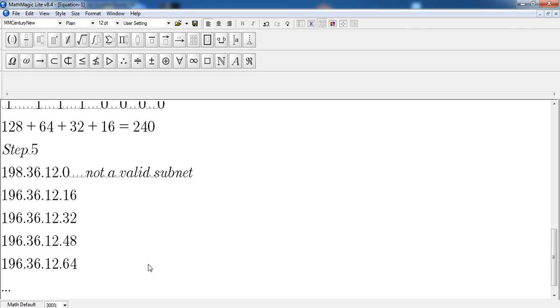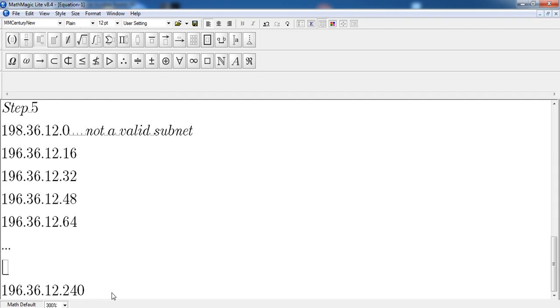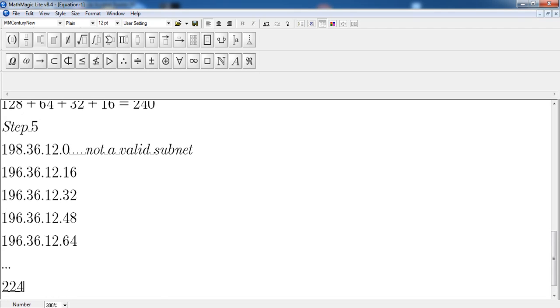That is another custom subnet we cannot use. So the last usable subnet would be around 224. Oops, let me correct that.